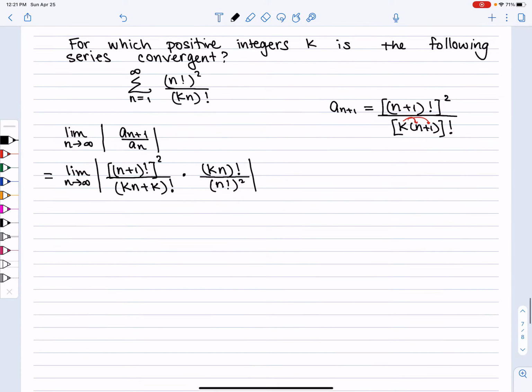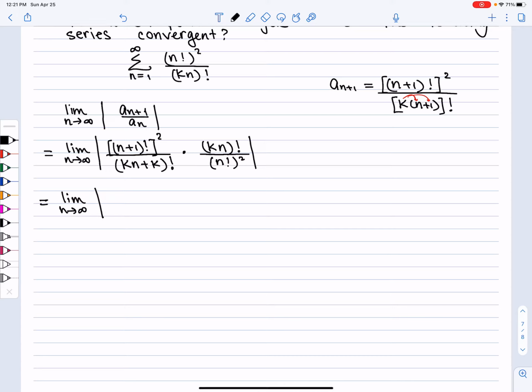Now, let me go a little bit slower here. We have the limit as n approaches infinity of n plus 1 factorial. Let me write that down on the side. So n plus 1 factorial to the second power. Okay. So n plus 1 factorial is really equal to n plus 1 times n factorial.